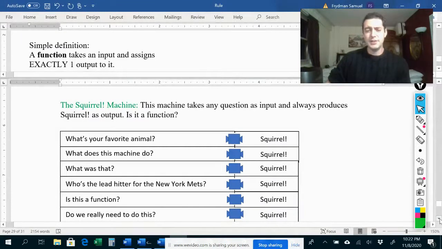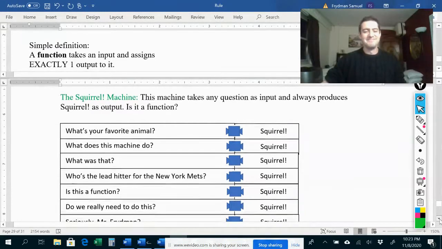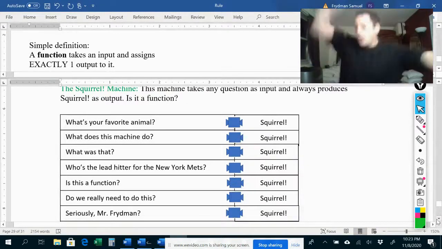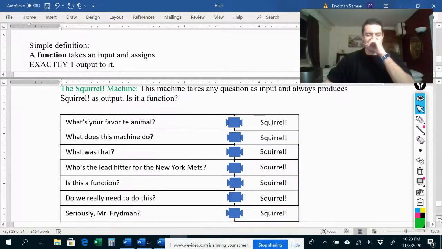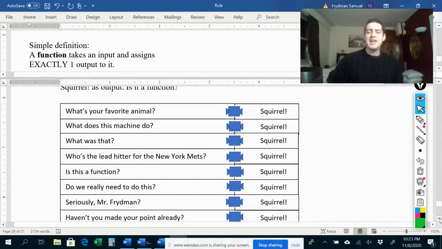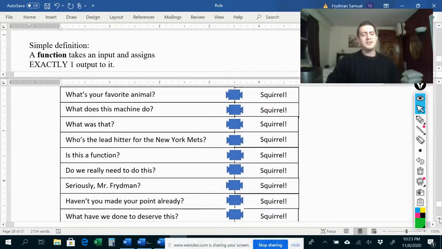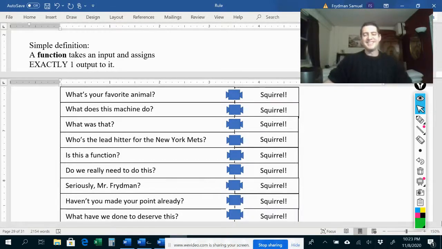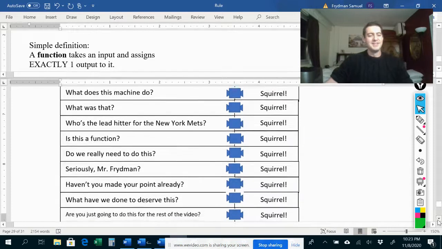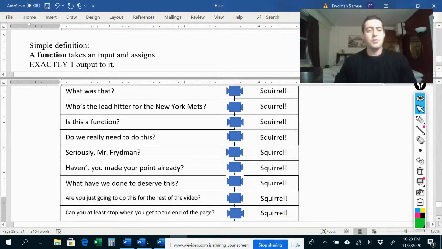Squirrel! Squirrel! Oh, I'm having so much fun. Squirrel! Can you at least stop when you get to the end of the page? Squirrel!